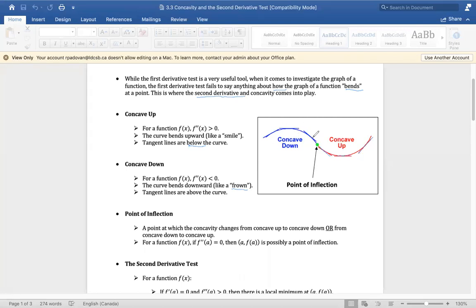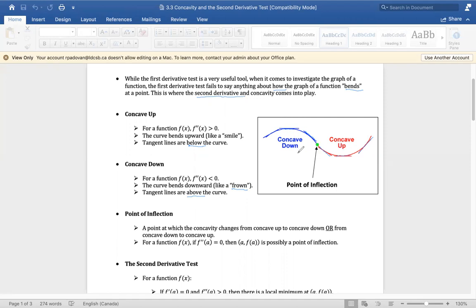Another way to remember it is that the tangent lines are all drawn above the curve. You can see some tangent lines that I've drawn in there, and all those tangent lines are above, meaning the curve is underneath. So there's a few different tips that you can use to remember concave up versus concave down.